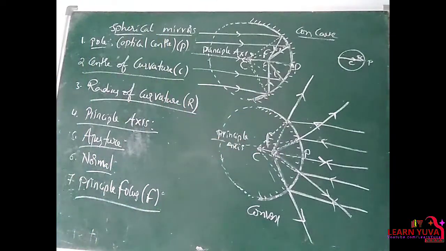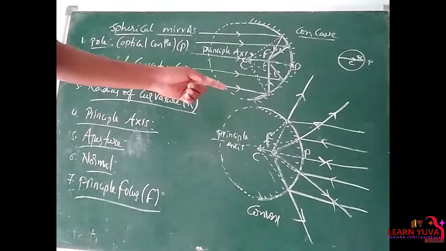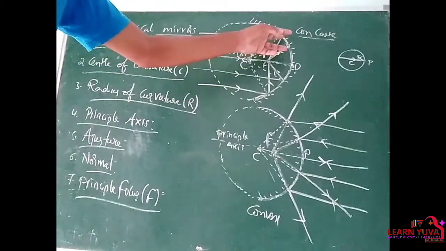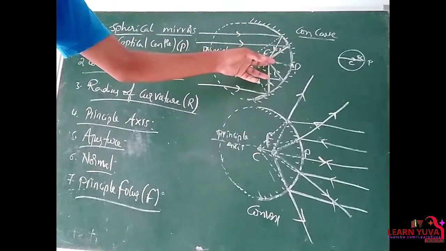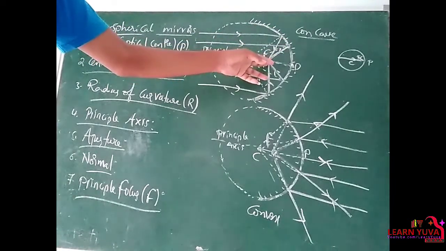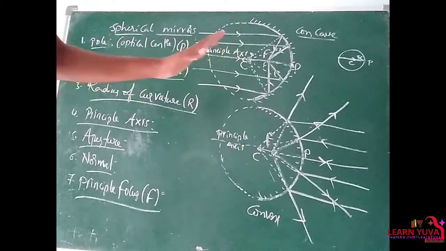Again repeating, in the case of a concave mirror, the reflected rays meet at a point, and that point is the principal focus.